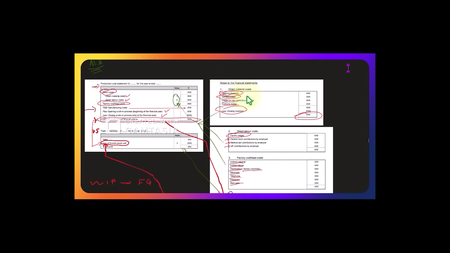Here, we would just take the opening inventory that we have, plus whatever was bought: all the purchases of material, plus, remember, the freight cost, custom duties, whatever cost was incurred to move those materials close to production. We take all that into account, right? So the opening inventory plus what we bought, minus the closing inventory.